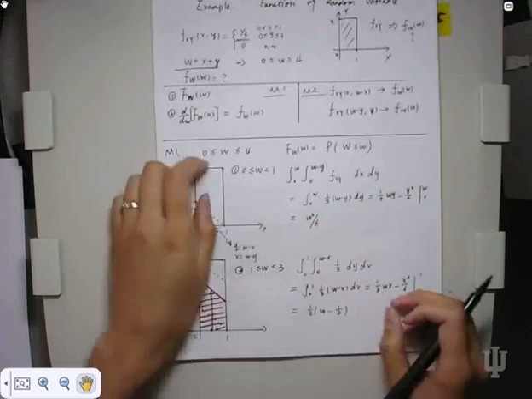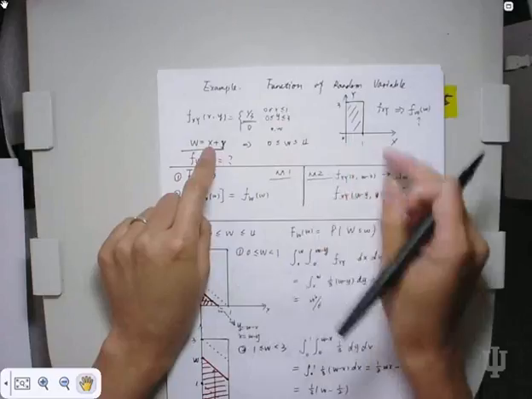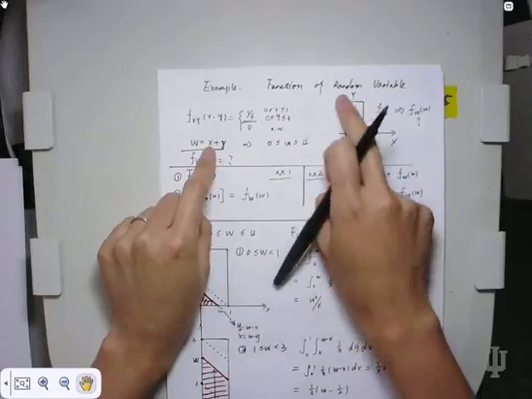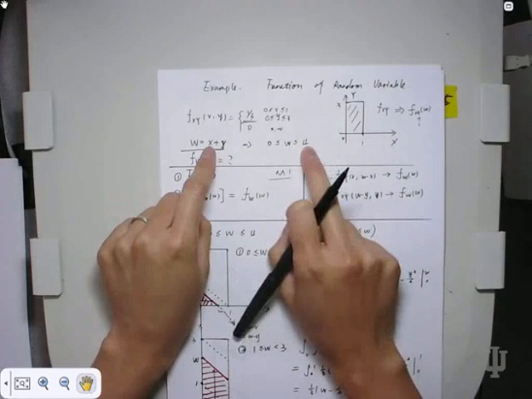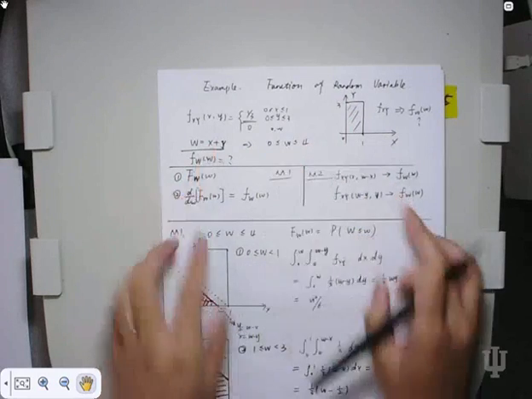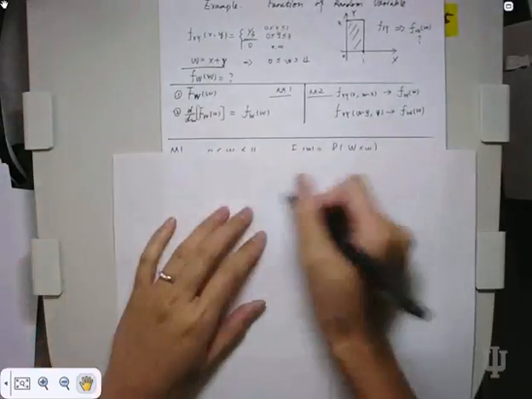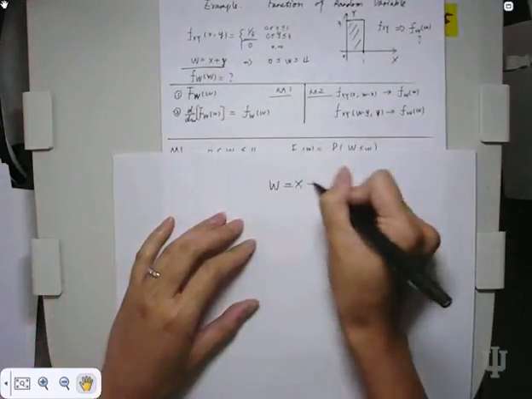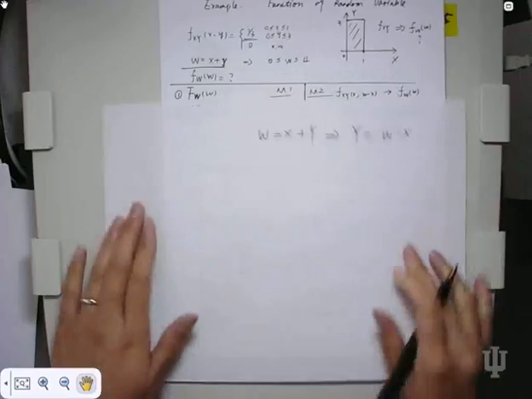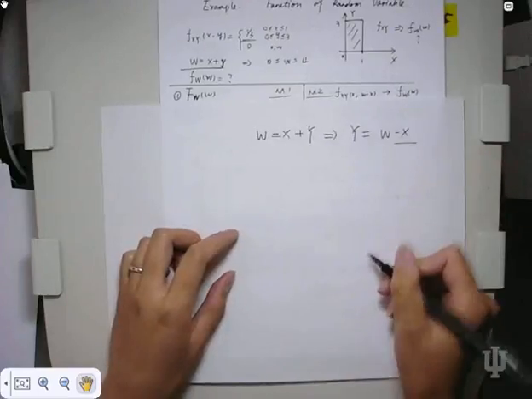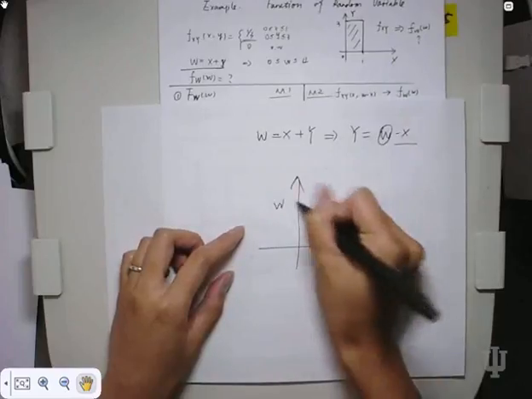So the first case, you need to analyze x and y. X can take 0 to 1, y can take 0 to 3. Then your greatest value for w is 4, and smallest value is 0. And the line w equals x plus y, which is y equals w minus x, the slope is -1, and intersects the y-axis at w, right?